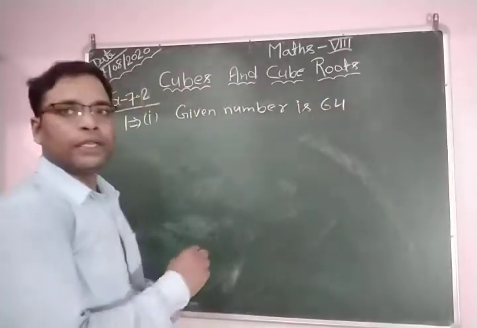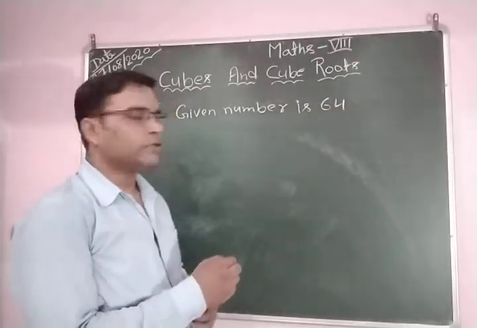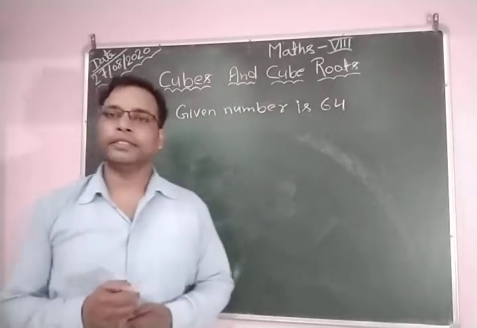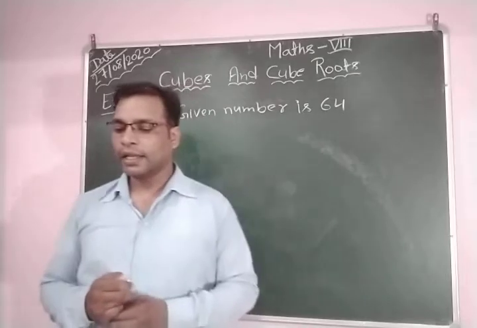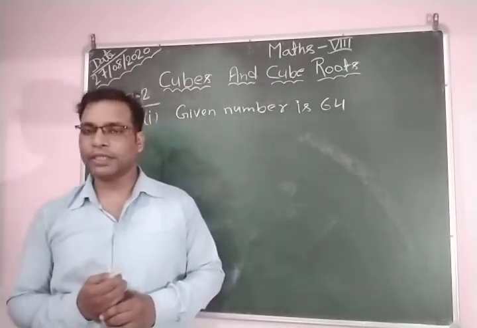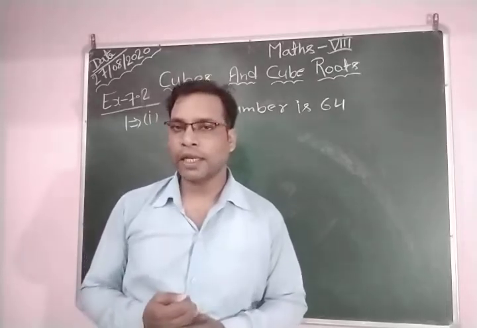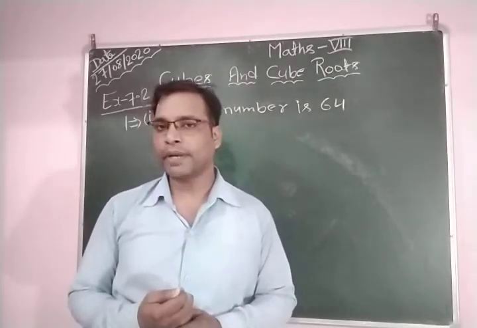Okay, so here we need to find the cube root of 64, because question number 1 told us to find the cube root of each of the following numbers by the prime factorization method. Okay, find the cube root of the following numbers by the prime factorization method.